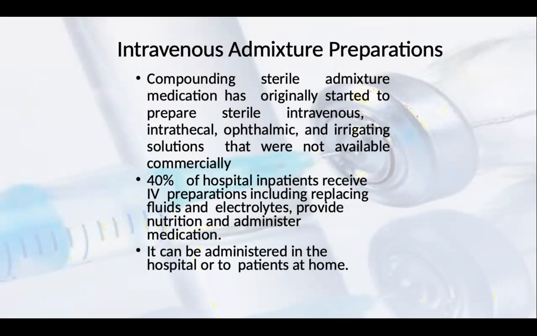It can be administered in the hospital or to a patient at home. Mostly for patients who could not take the required nutrition or electrolytes, these can be given through intravenous preparations.